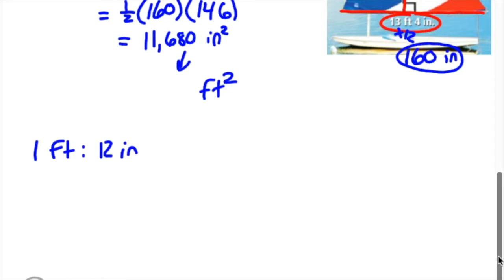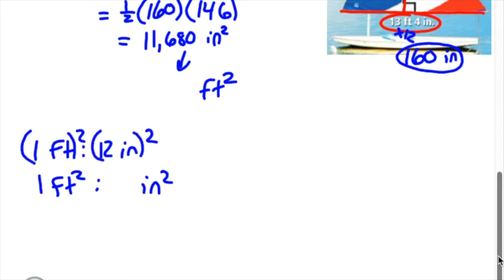Okay, so I need to know, if I'm looking at 1 square foot, how many square inches that would be. Really, 1 foot is 12 inches. If I square both of those to get my square feet, 1 squared is still 1. 12 squared is actually 144.